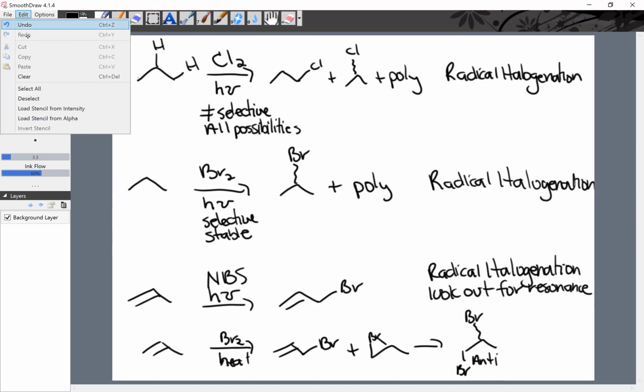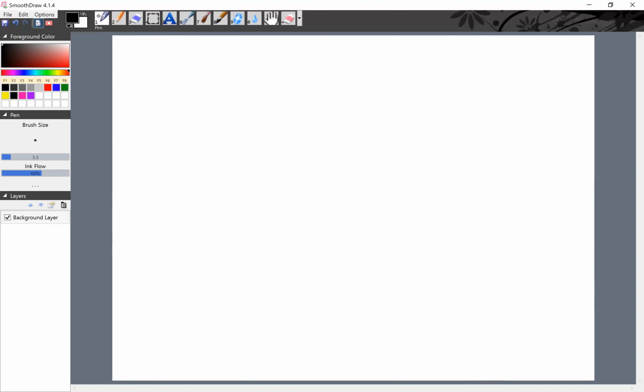And then we saw breaking pi bonds. If I had just done addition, okay, this one, the hydrogen goes on first. So the hydrogen would go right here.